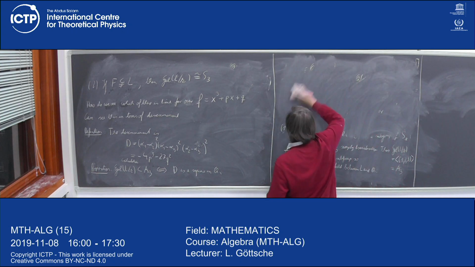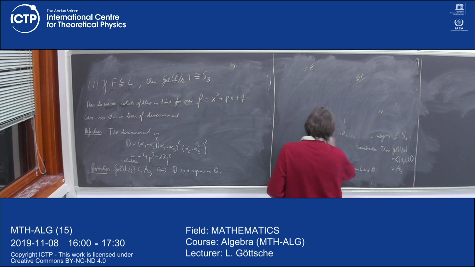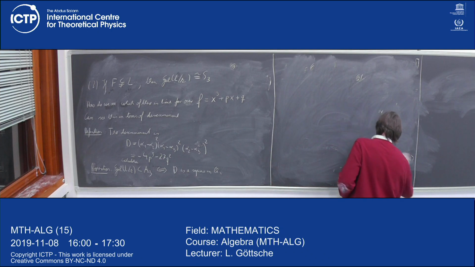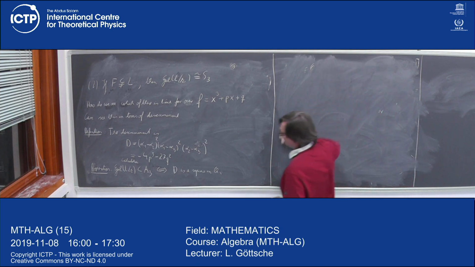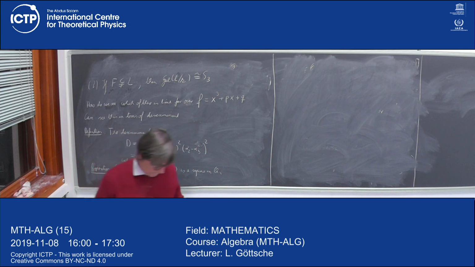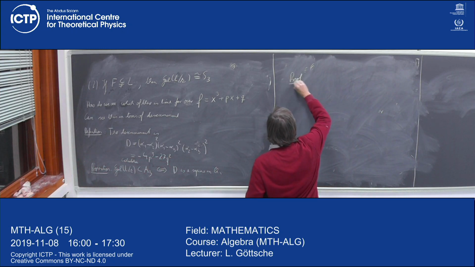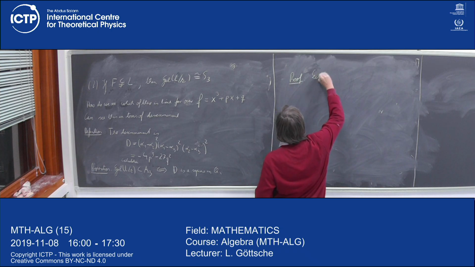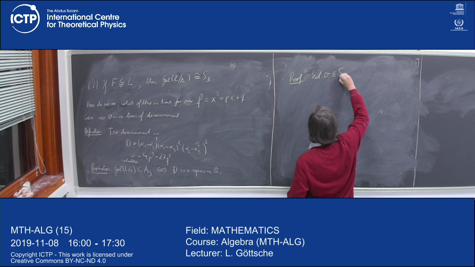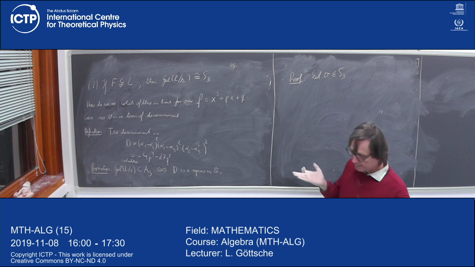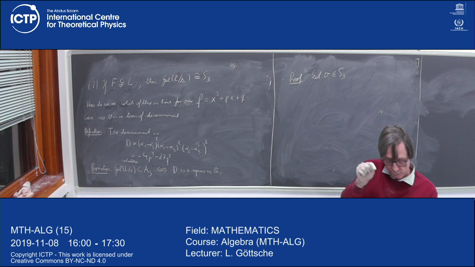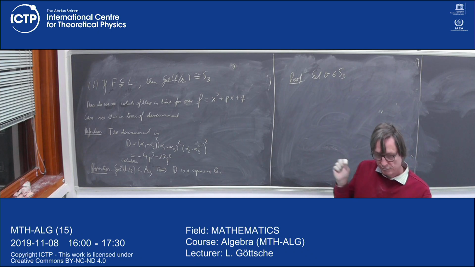And why is this the case? Let sigma be an element in S3. I view this as acting on the roots alpha 1, alpha 2, alpha 3.